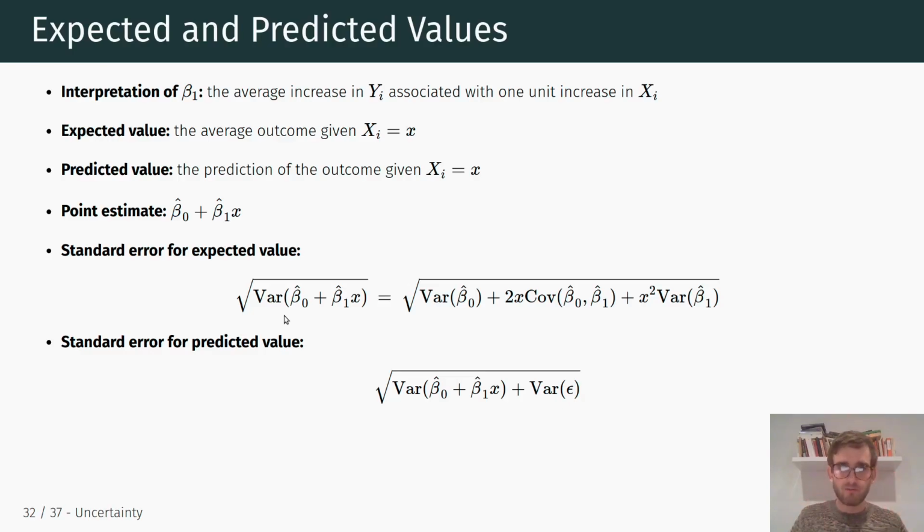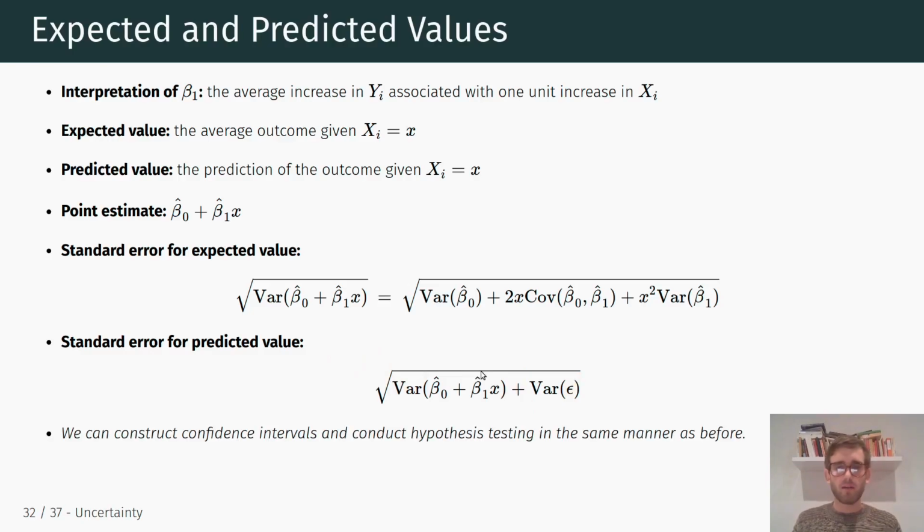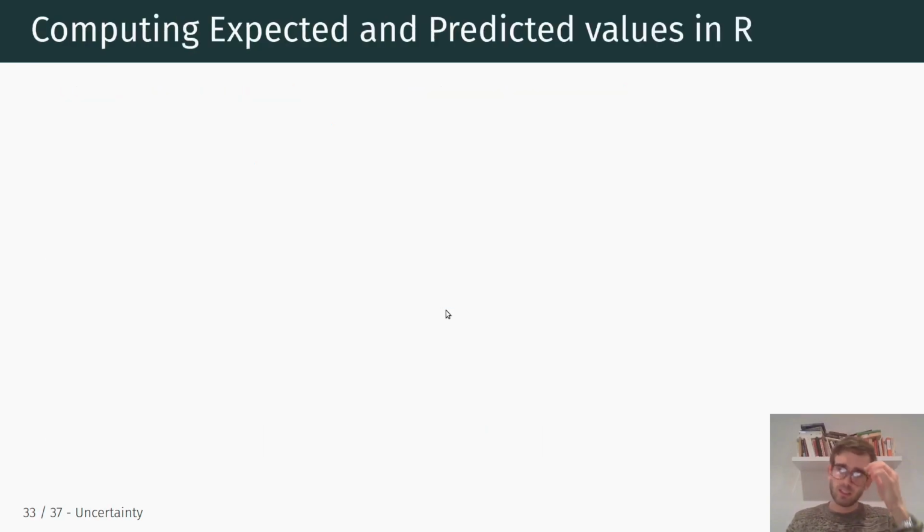When you look at an individual prediction for one specific realization, we have to take into account that error term and that variance in order to compute the standard error for the predicted value. But no matter whether we're talking about the standard error for the expected value or for the predicted value, we can construct the confidence intervals and conduct hypothesis testing in the same manner as we discussed before. Okay. All right.